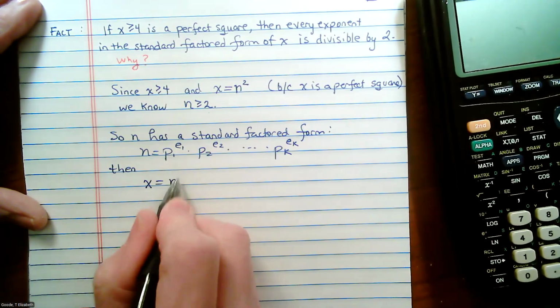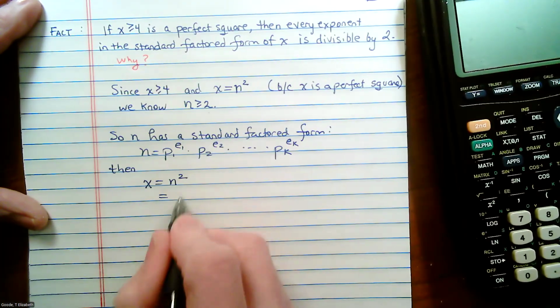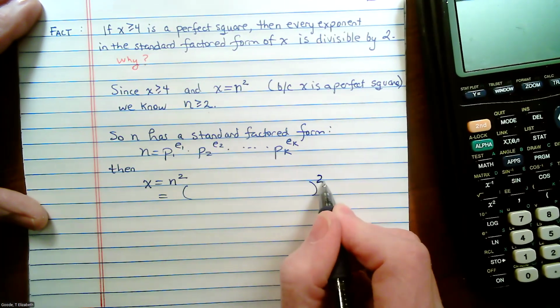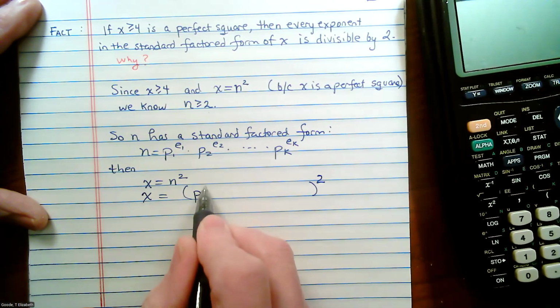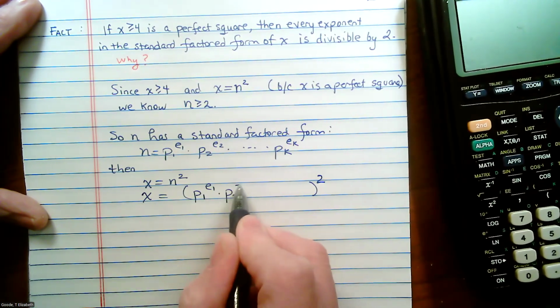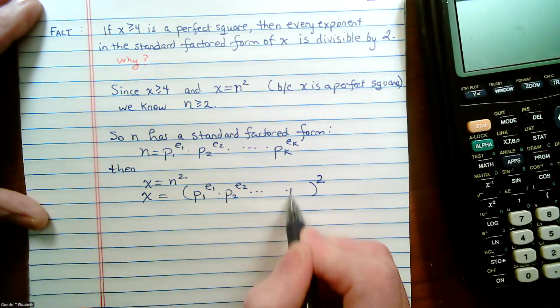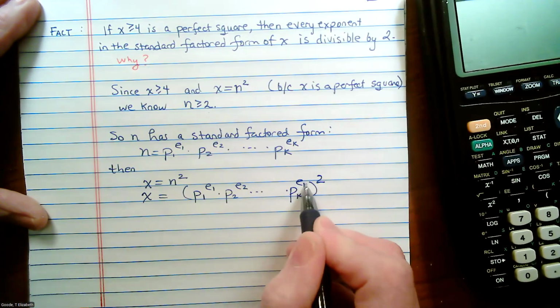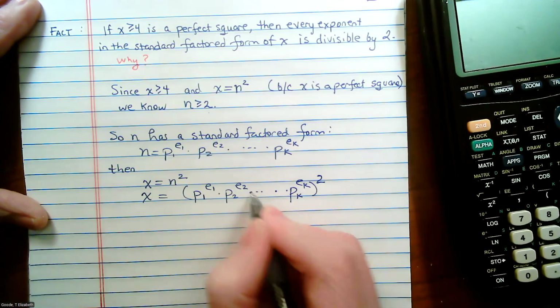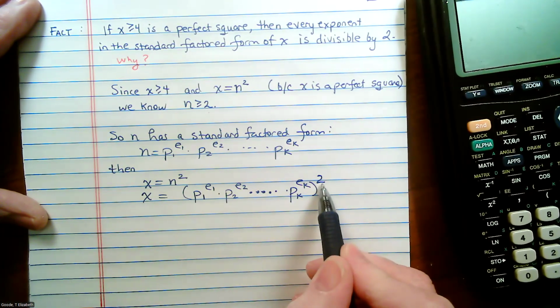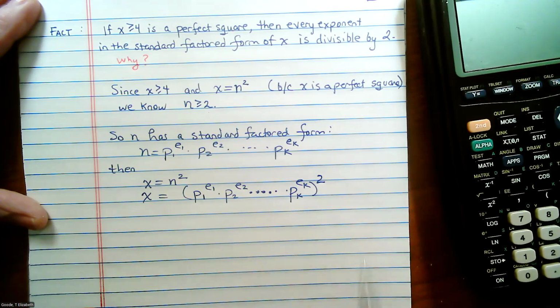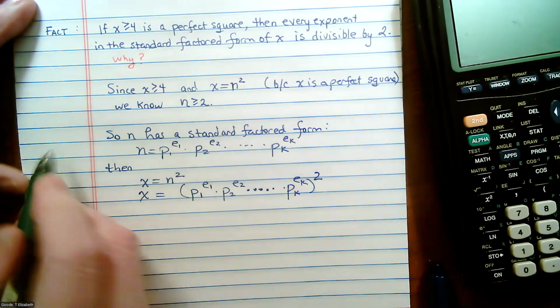X is n squared, right? Well, n is this whole big thing, and now it's getting squared. That's what x is, right? So we use the laws of exponents because we've got all these exponents going on. And we can take the 2 and distribute it across the factors. Let me just write the rule.